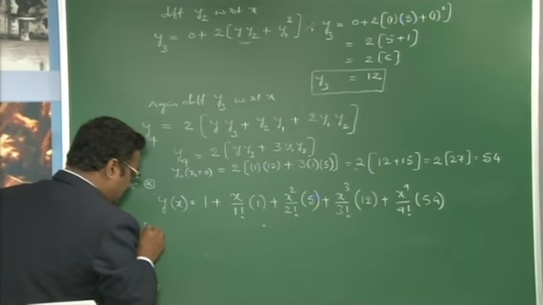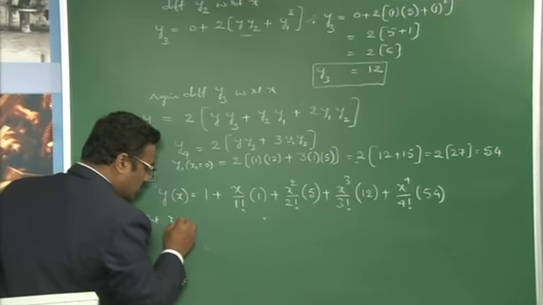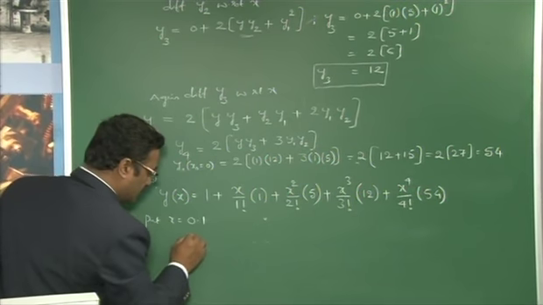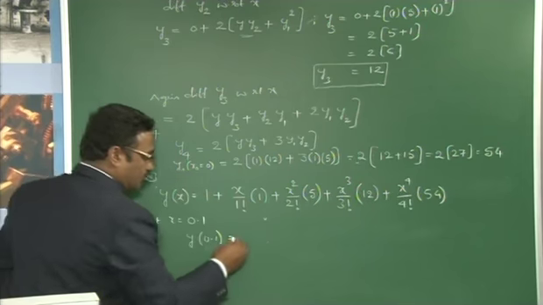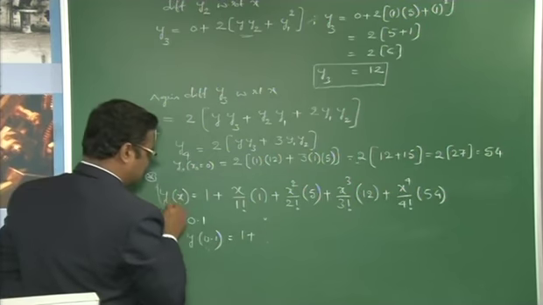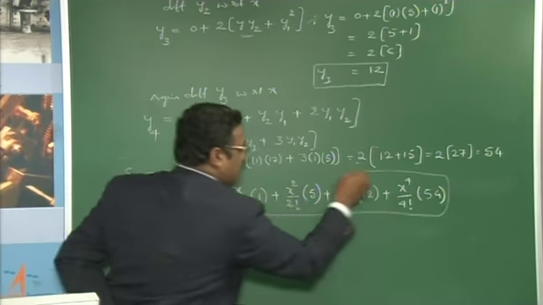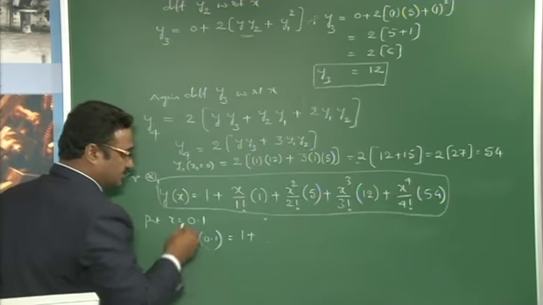Then you have to put x equal to 0.1, we get the corresponding value of y. 1 plus, this is the Taylor series expansion up to 4-degree term.